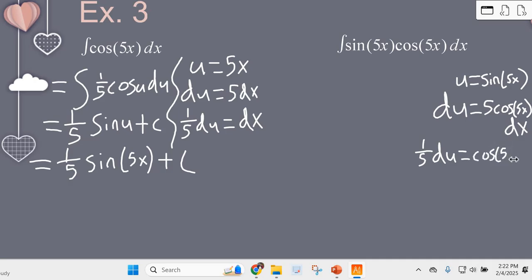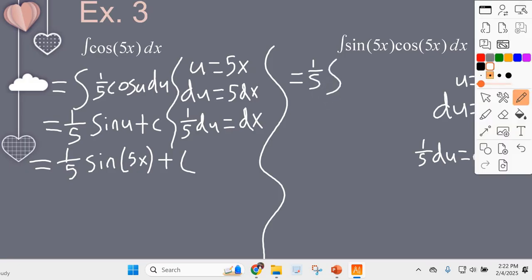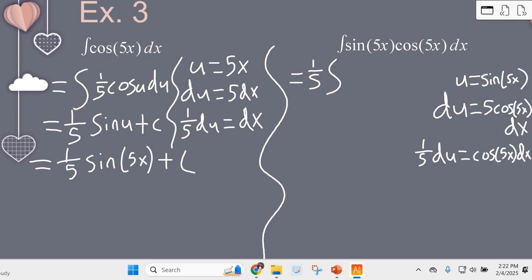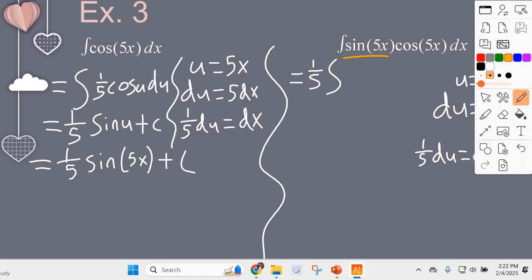Do the other side. So now we can rewrite as 1/5 times... so let's see, my sine is becoming my u.